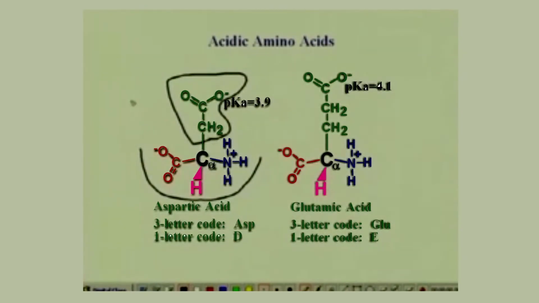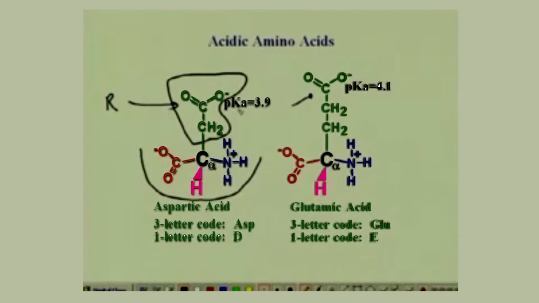So, the side chain in this case also contains a C double bond O, O minus. Similarly, the side chain in glutamic acid also has the COO minus, but again we have an additional CH2 in case of glutamic acid, just like we had for glutamine.